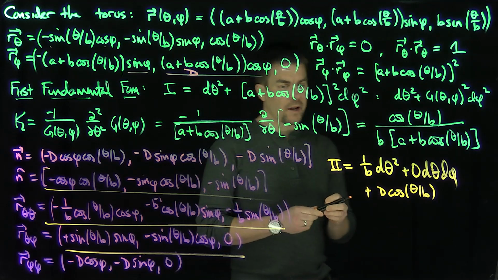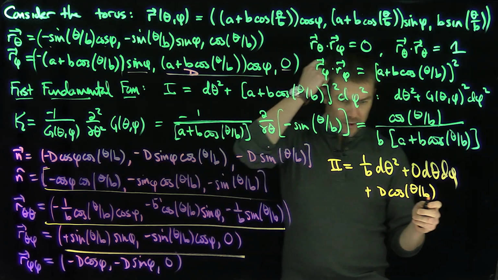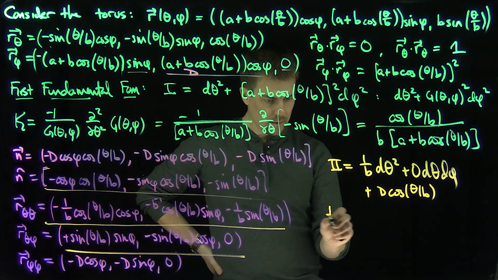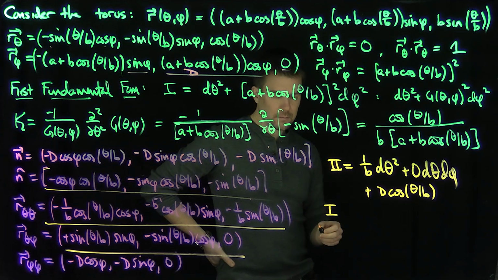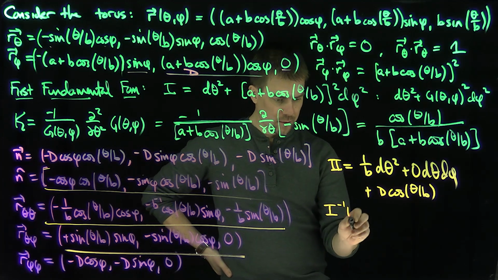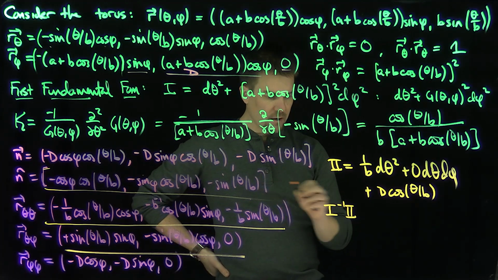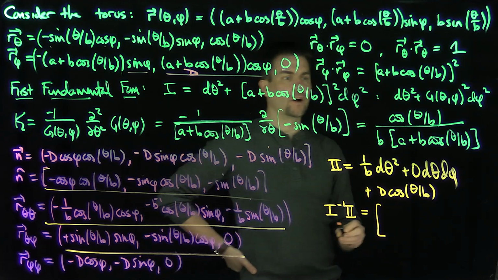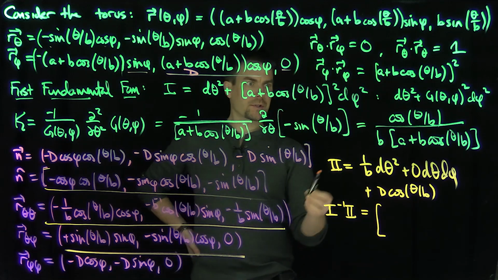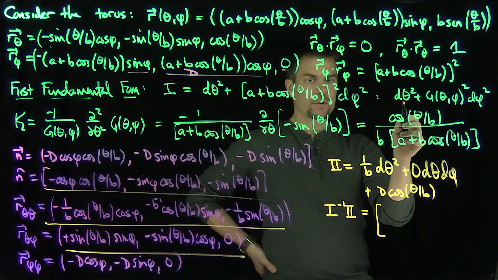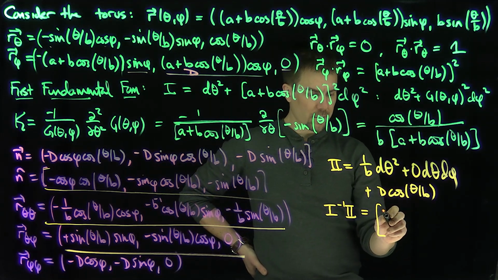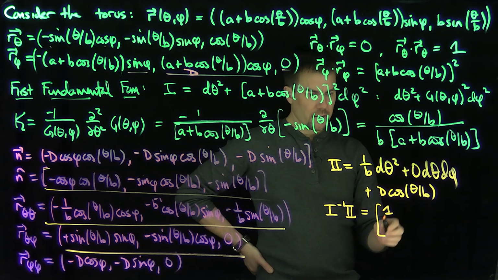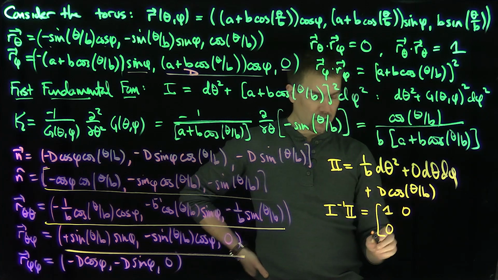All right, and so now what I can do is look at these things over here. The inverse of the first fundamental form times the second is my Weingarten matrix, right? So this Weingarten matrix is going to be the inverse matrix. The inverse of this first fundamental form is just going to be a 1, and then a 1, because 0, 0.